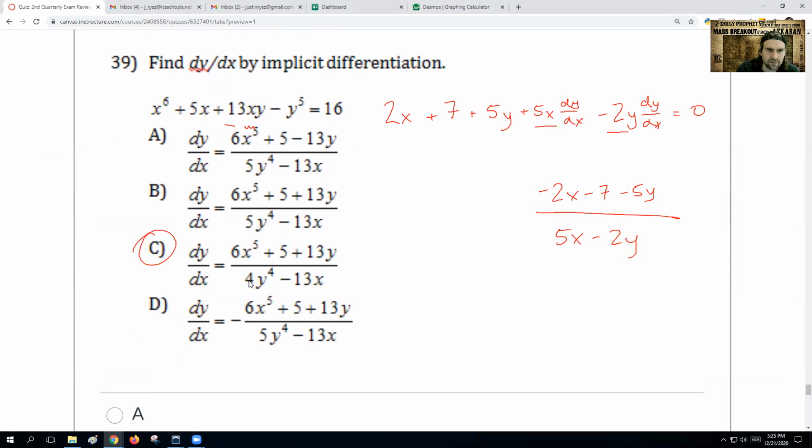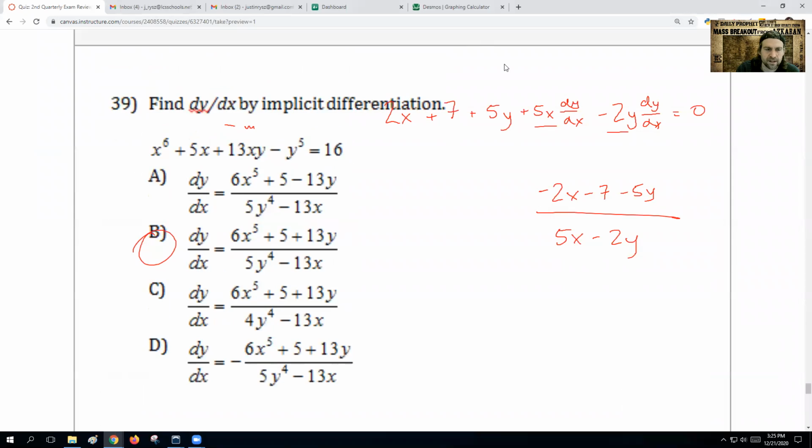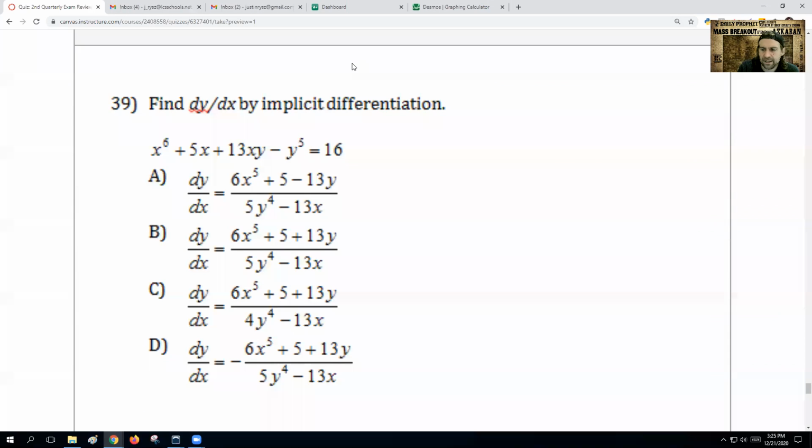One more problem to go, and we'll be done here. All right, next problem. We've got x to the 6th power, which would be 6x to the 5th, plus the derivative of 5x, which is 5. 13xy, let's see, that'd be 13. We've got to do the product rule: leave the y alone, plus 13x. Now we take the derivative of y, which is dy dx. And then minus, okay, what about y to the 5th?